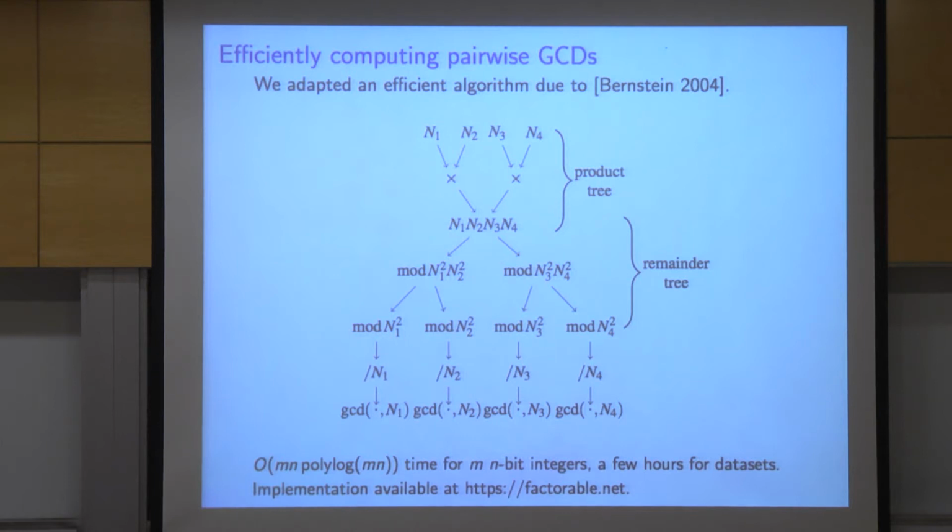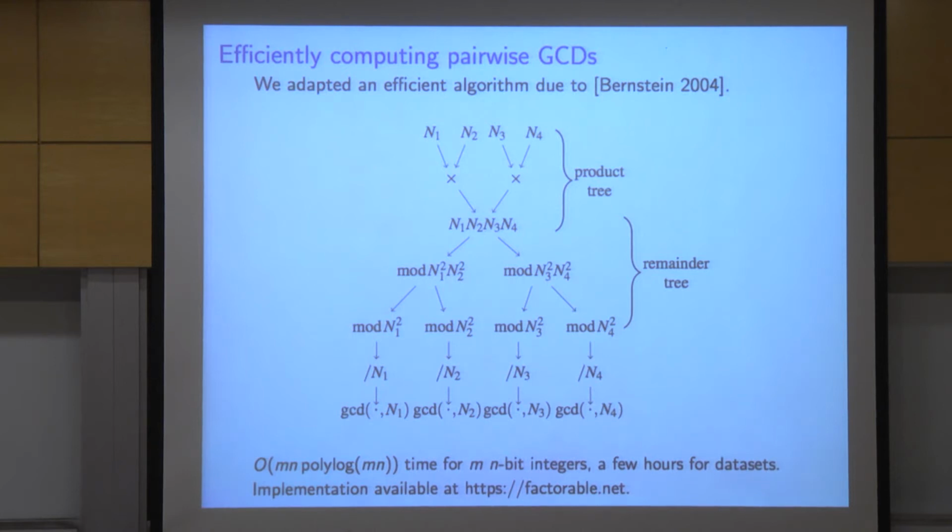This balances the time of each multiplication. Then once you have this gigantic product, you mod out by the squares of all of the nodes in the product tree that you just computed. Your end goal here is to get the value, say, n1 n2 n3 n4 mod n1 squared.